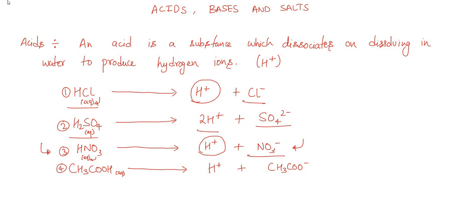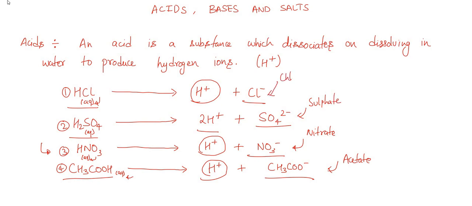The last one is acetic acid or ethanoic acid, and when it dissolves in water, the aqueous solution of acetic acid will give H plus ion and CH3COO minus ion. We call it acetate ion. It is acetate, it is nitrate, it is sulfate, and this is chloride. These are the anions.